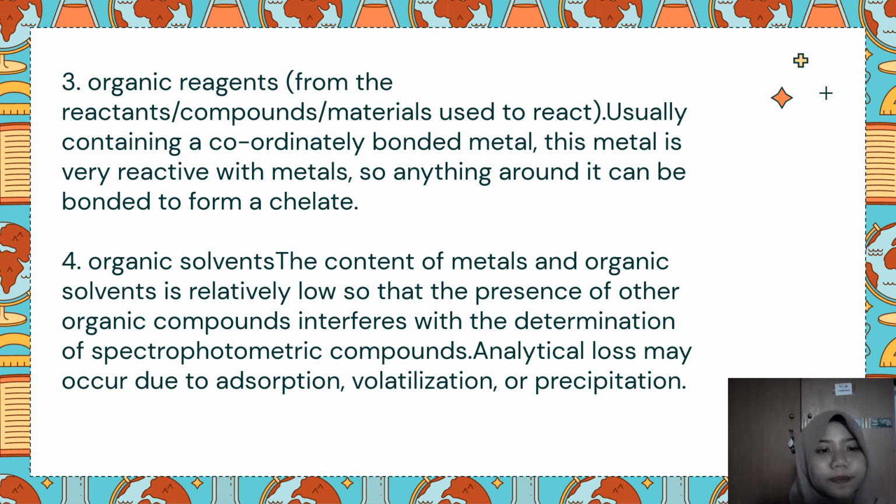And then organic reagents, the reactants or compounds used to react, usually contain a coordinately bonded metal. This metal is very reactive with metals, so anything around it can be bound.